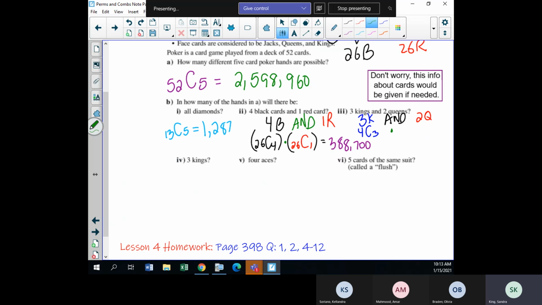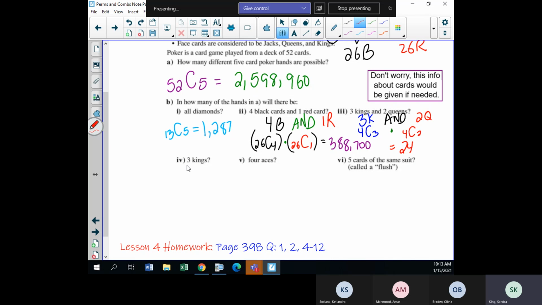Emmanuel, how many queens are there in a deck? If there's 4 kings, 1 of each suit, how many queens would there be? 4. Yeah, there's 4 kings, 4 queens, 4 jacks, 4 tens, of each. There's 1 of each suit. So there would be 4 queens, and we're choosing 2. So there would be 24 possibilities out of that 2.6 million.